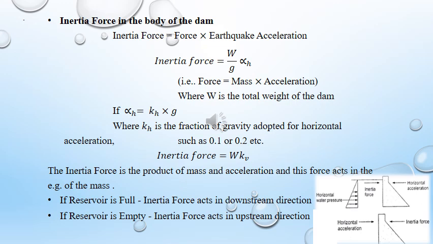This force should be considered to be acting at the center of gravity of the mass, and it acts horizontally towards downstream in the worst case for the reservoir full condition, and this inertia force acts in the upstream direction when the reservoir is empty.